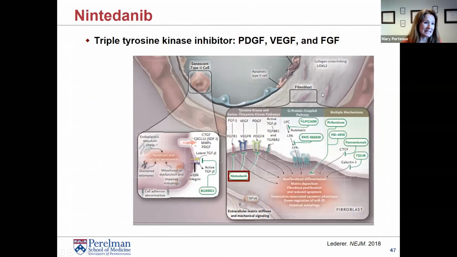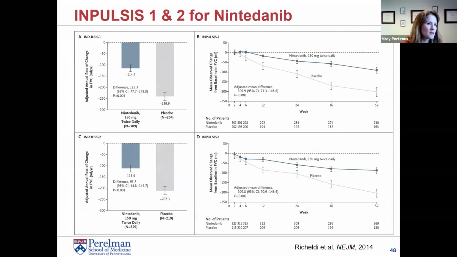The other big drug, nintedanib or OFEV, is a triple tyrosine kinase inhibitor that affects platelet-derived growth factor, VEGF, and fibroblast growth factor. These were independently studied in two trials.